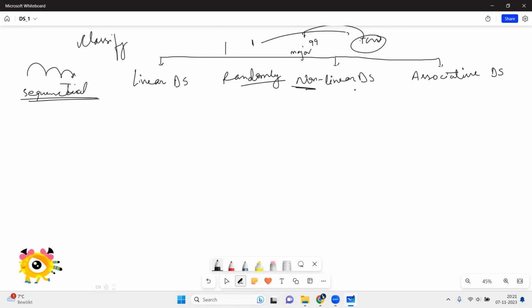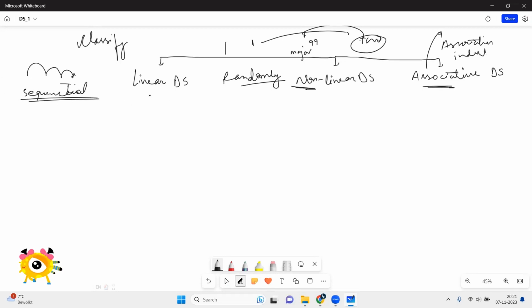So that is non-linear data structure. And then we have associative data structure, which really forms associations in the sense of how this data is related to, for example, an index, how it is related to each other, right?